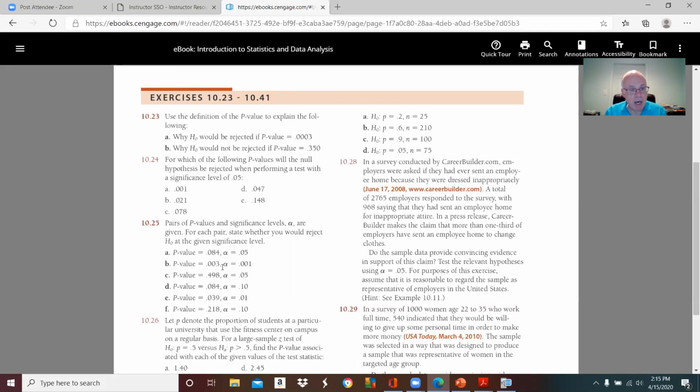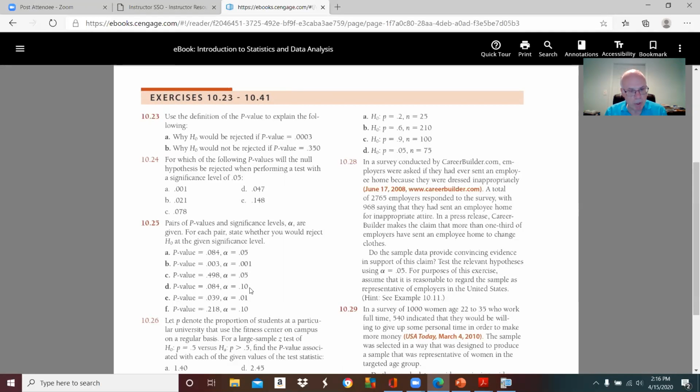B, p-value again is bigger than alpha. Do not reject. C, p-value in this case is less than alpha. Or excuse me, it's bigger than alpha, not less than. Again, do not reject. D, this is the one that is less than alpha. P-value 0.084 is less than alpha's 0.10.